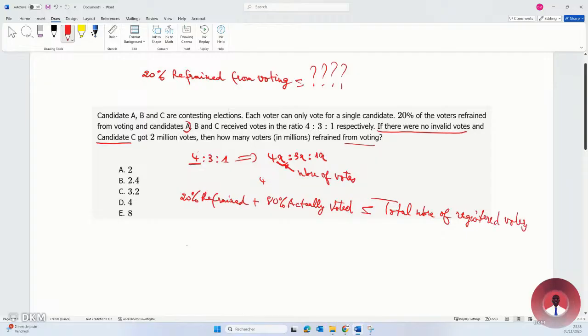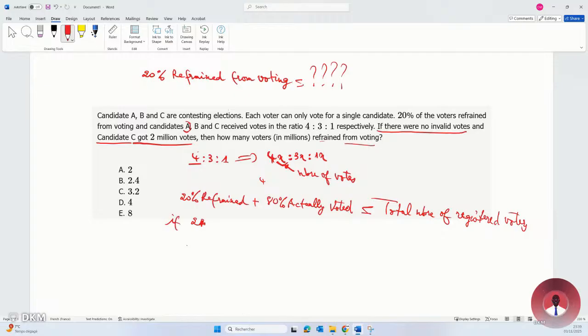So we have people that were registered. Out of those people, 20% did not go to vote and 80% voted. And in the 80% that voted, we have 2 million votes for candidate C. And remember, we said for 4 votes for candidate A, we have 3 votes for candidate B and 1 vote for candidate C. So we can also shift that backwards.